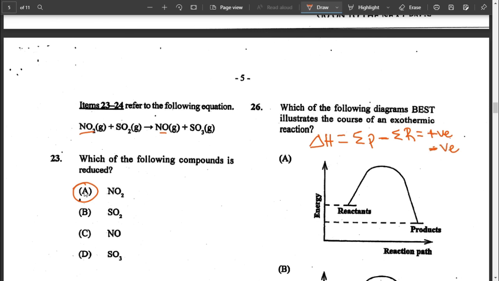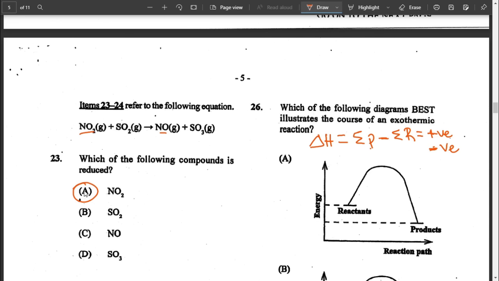To get a positive value, the energy of the product must be greater than the energy of the reactants, right? To get a negative value, the energy of the product must be less than the energy of the reactants.